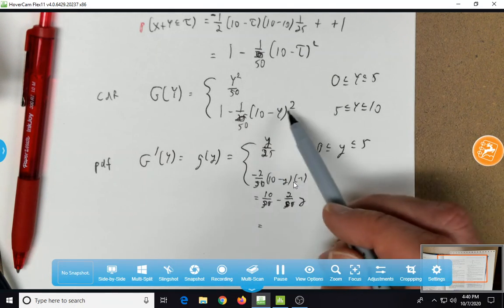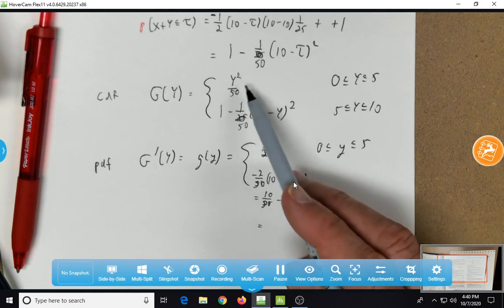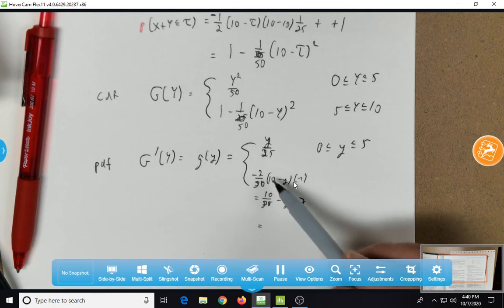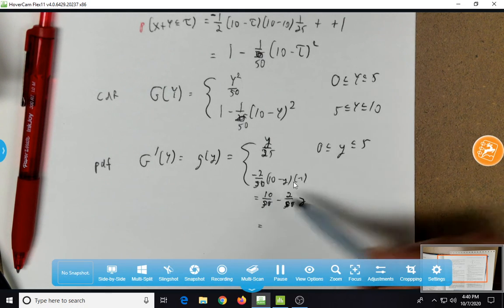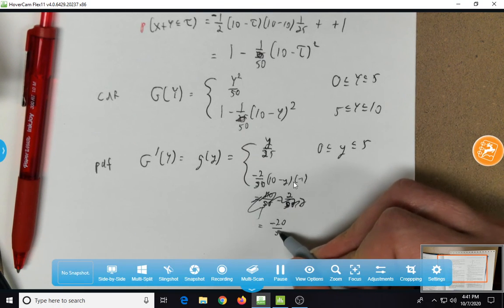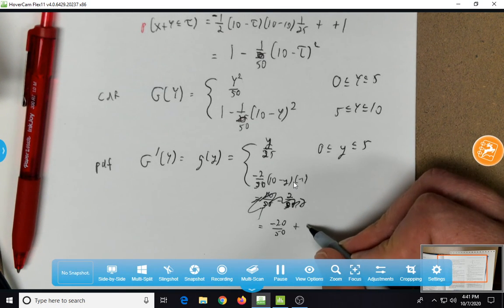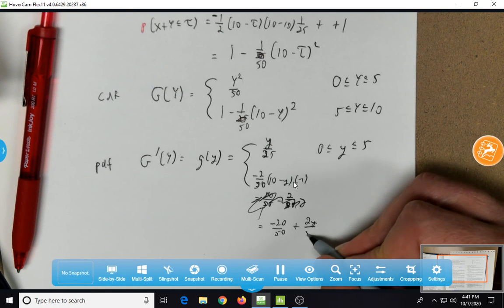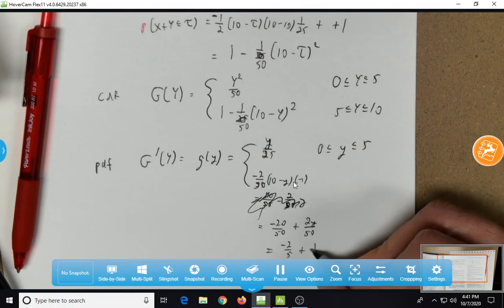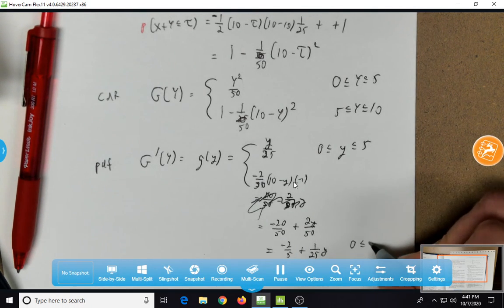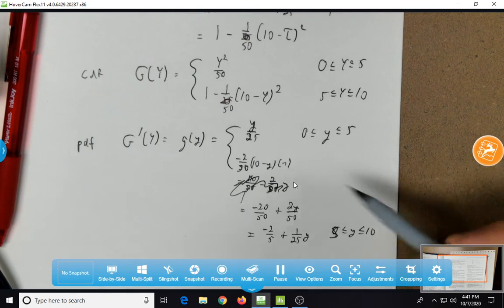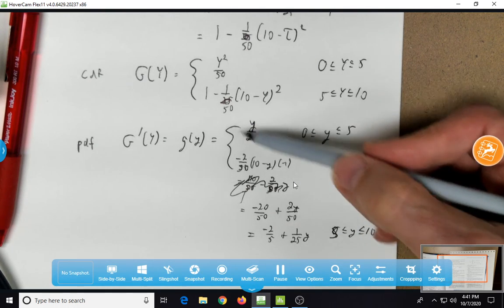When I take minus 1 over 50, that's good. Now when I take the derivative, y over 25, bring this down, I get 2 over 50 times (10 minus y) times negative 1. So let's start this over again. That would be minus 20 over 50 plus 2y over 50, which is minus 2/5 plus 1 over 25 y. And this is if 5 is less than or equal to y is less than or equal to 10. So just that little 50 messed me up a little bit, but I calculate this.